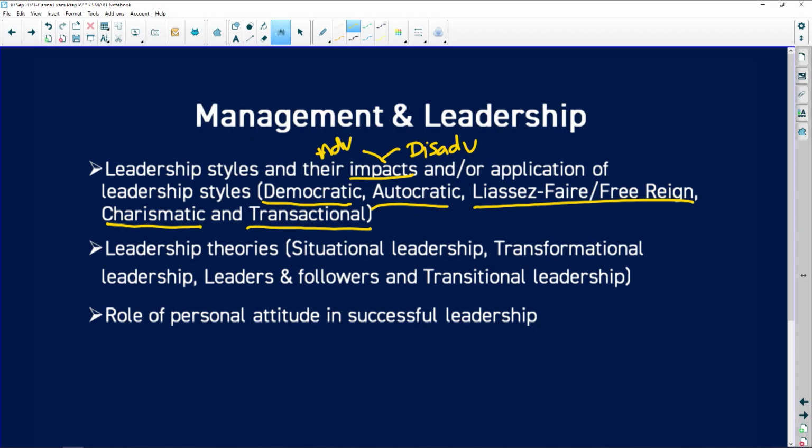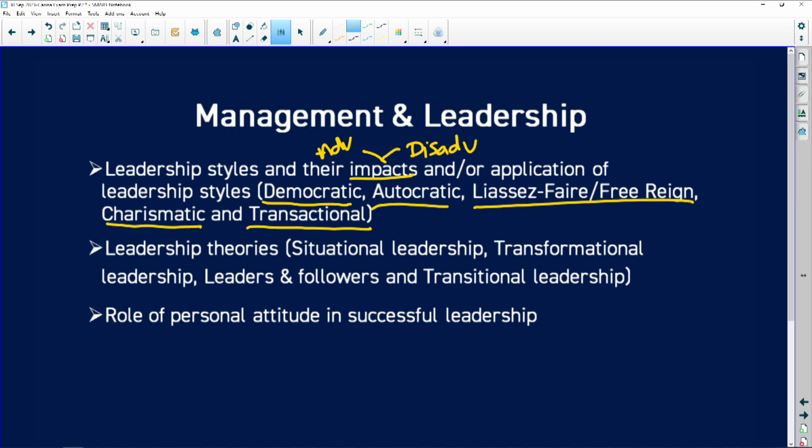There are also leadership theories which are very popular in the papers. You have your situational leadership theory, your transformational leadership, your leaders and followers, and transitional leadership. In the prelim papers, I believe it was the situational leadership theory that was asked this year. So be aware of what they contain and what is meant by them, because they can be very sneaky.